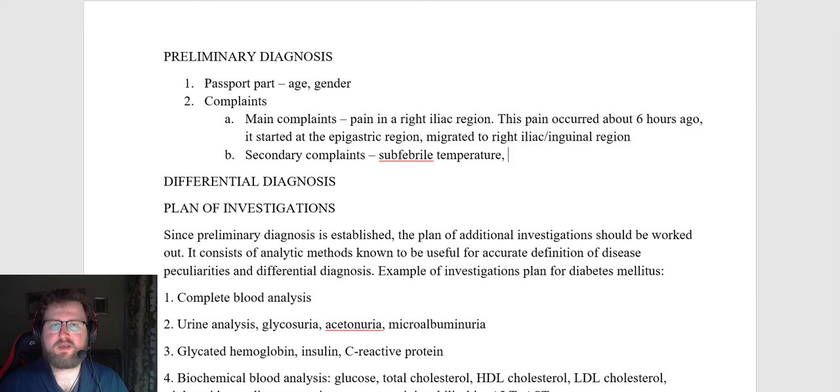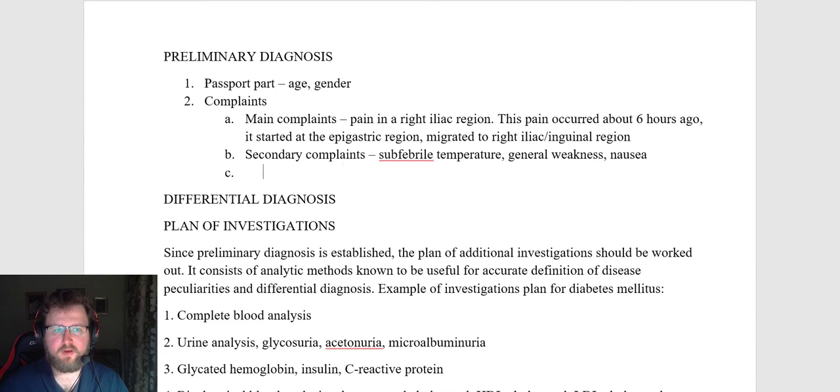We know from his words that he's not feeling well in general, so he has general weakness. He might also experience nausea and other certain secondary symptoms. You may just think of it by yourselves, but still that's what we know.